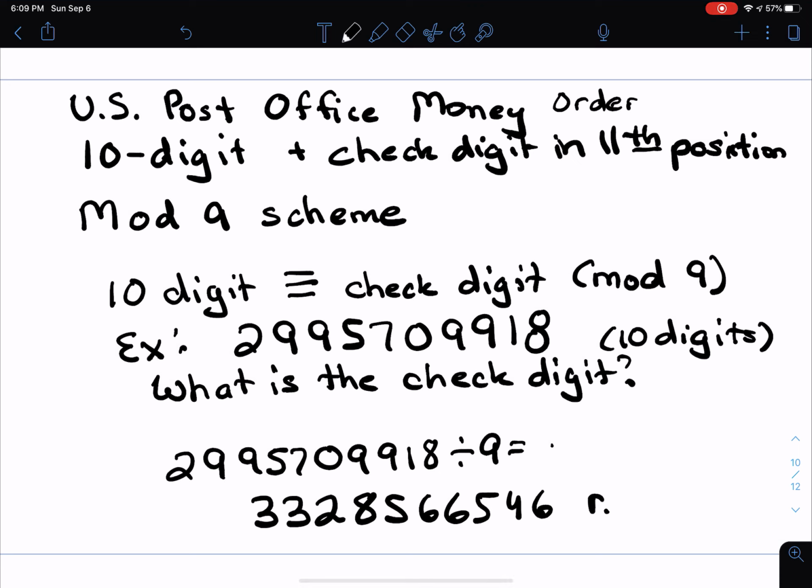And it looks like it's a remainder of 4, but I think I lost track there. Sorry. I was trying to do this in my head, but that's not working, is it?